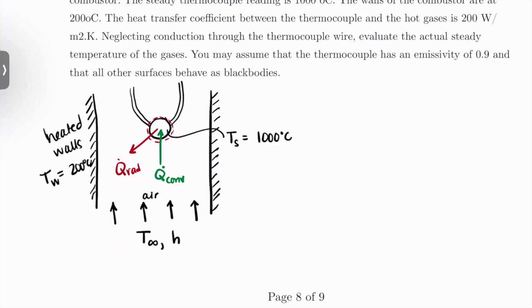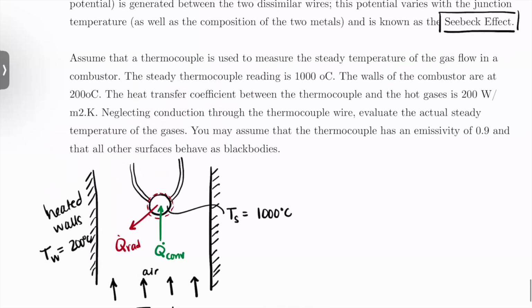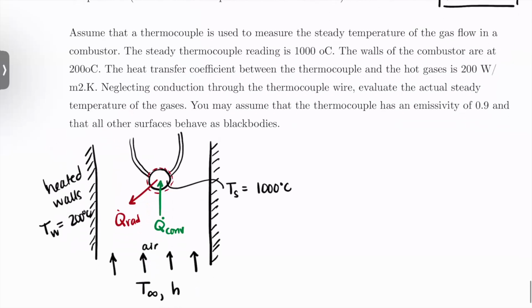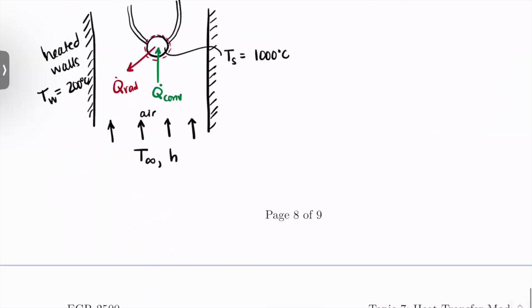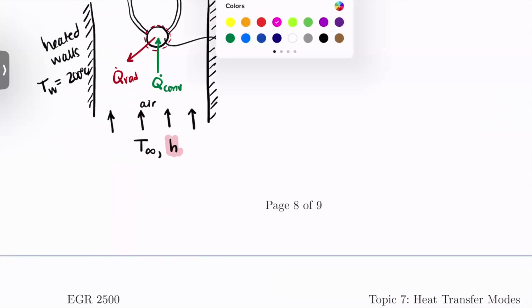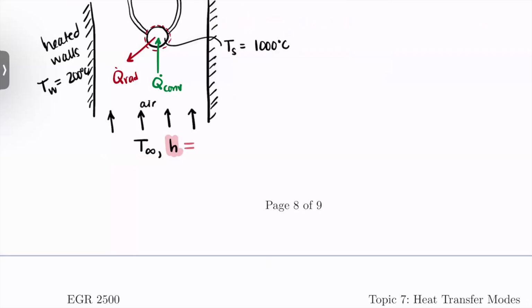And we were given in the problem the heat transfer coefficient between the thermocouple and the hot gases. So this is a convection heat transfer coefficient, so this is h, and this is 200 watts per meter squared Kelvin.